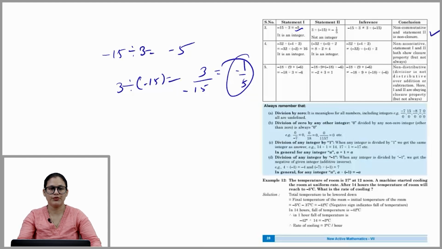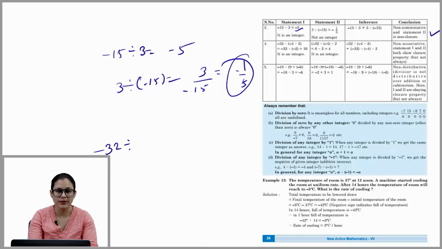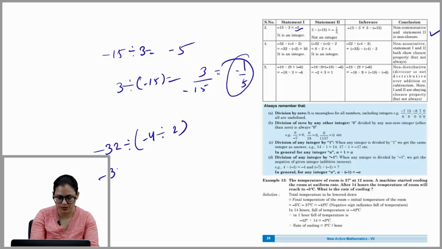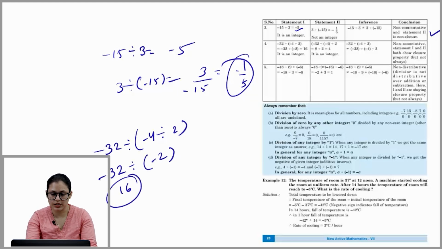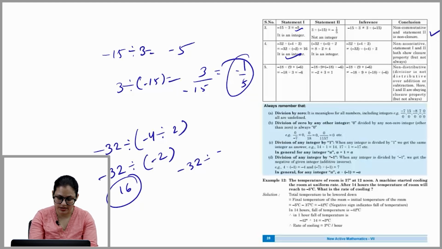Number 4, minus 32 divided by (minus 4 divided by 2). Here you will get minus 2, and the answer is 16. So, 16 is an integer. But on the other hand, minus 32 divided by minus 4, and then divided by 2.